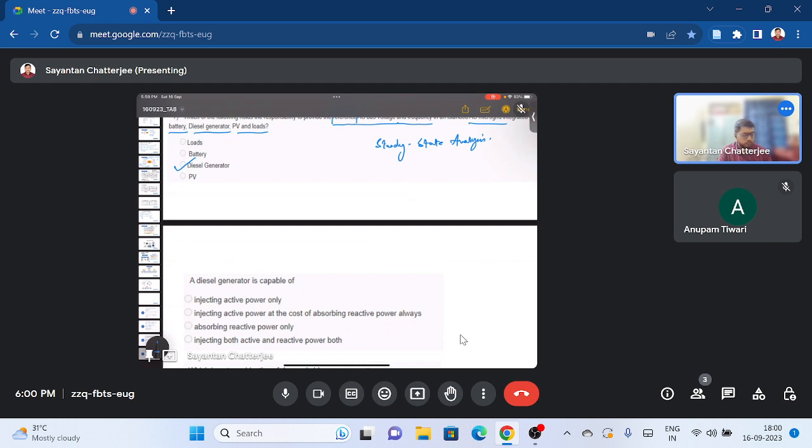Both. So this would be injecting both active and reactive power.